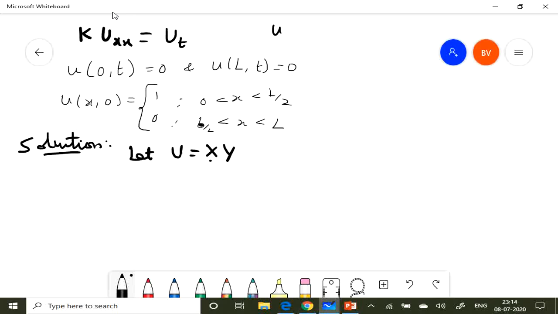Here u is a function of x and t, so u is the product of X and T.